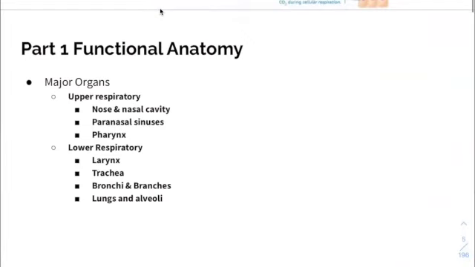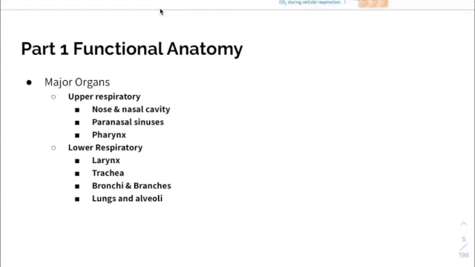So the parts of the respiratory system. We have an upper and a lower respiratory system. Our upper respiratory system is our nose, nasal cavity, our paranasal sinuses, our pharynx.